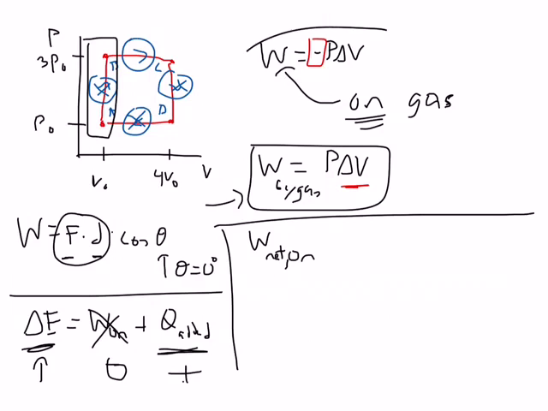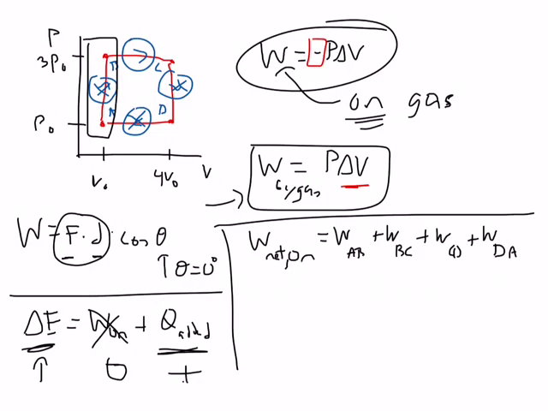So we have to go back to that expression. All we have to do is add up all the works in the individual parts. So this is work from A to B plus the work from B to C plus the work from C to D plus the work from D back to A, right? Add up the work from each of those processes, that's the net work. And some of these are pretty fast, as we've discussed in part B. So from A to B, no work is done.